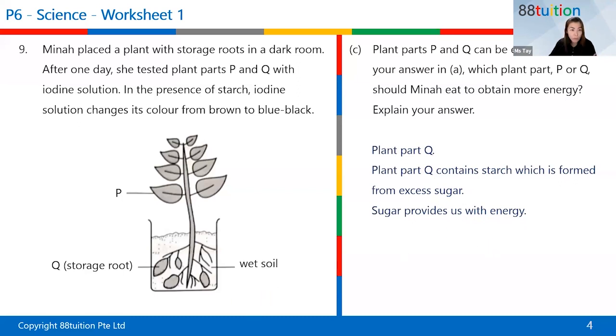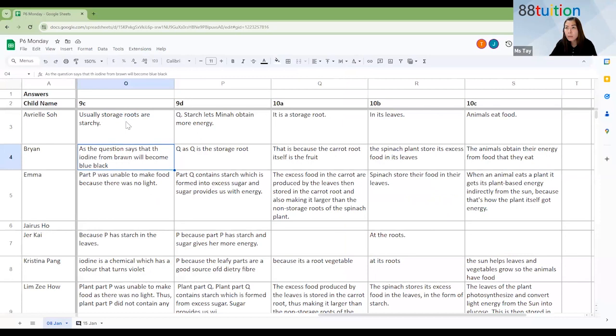All right, so if I look at your answer from last week, I have Ariel's answer here. Usually, storage roots are starchy. Okay, you wouldn't get full marks. But one thing I want to remind you, Ariel, the question asks you to identify, is it part P or Q?